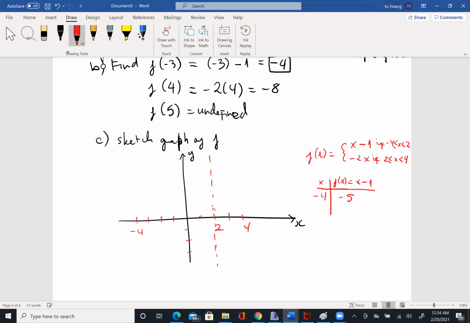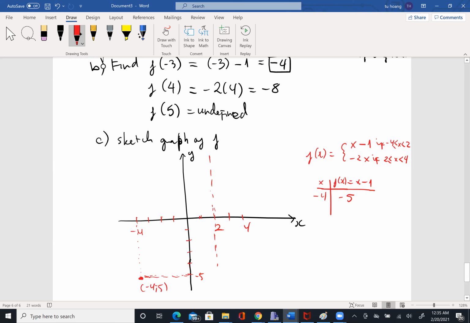1, 2, 3. Let me go longer. 4 and 5. Negative 5 is here. So you will coordinate this, and you have the point negative 4 and negative 5 here.